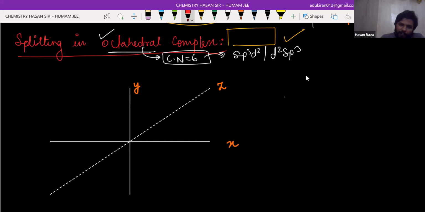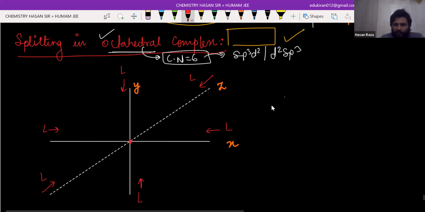So ligands can approach from z, from this side, this side, this side and this side. The central metal atom is here. When the ligands approach, there will be repulsion between the central metal ion and the ligands, and it will split.